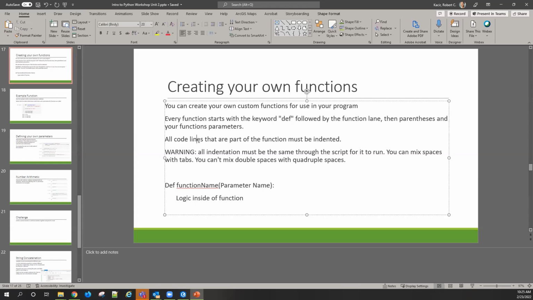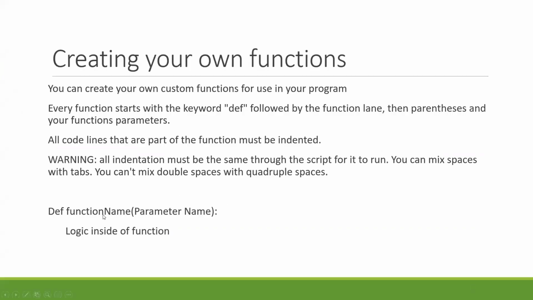So the way you define your own custom function is you stick in the keyword def, then the function name, followed by whatever the parameter name is in parentheses, and then this little colon here.